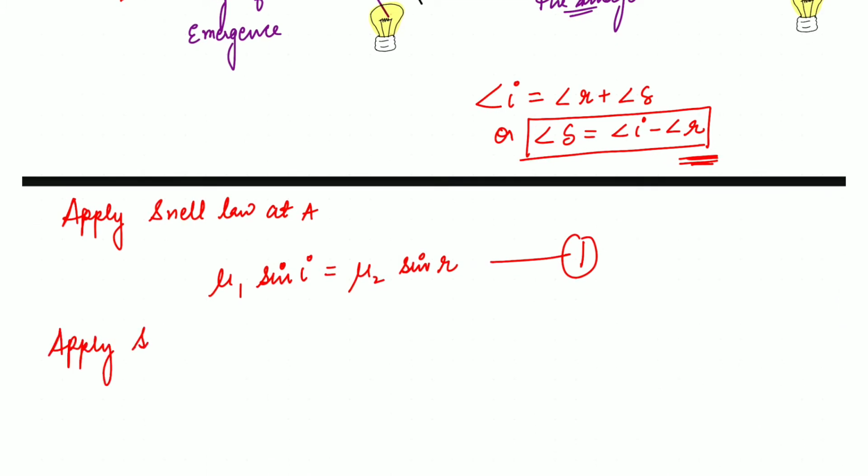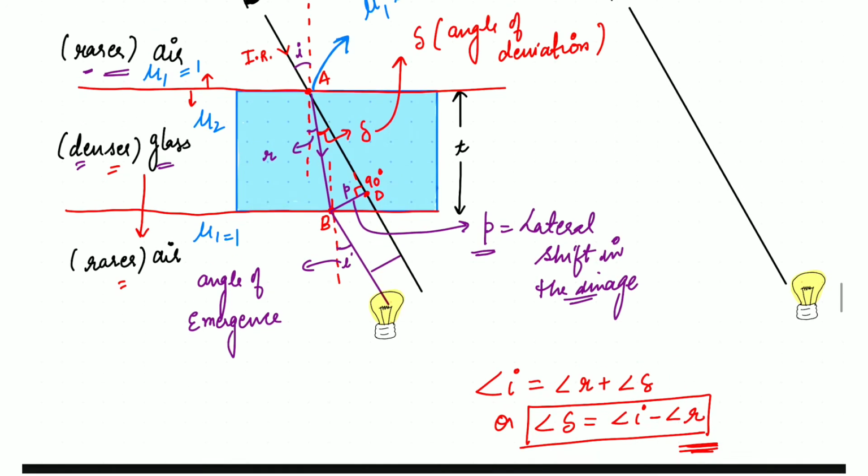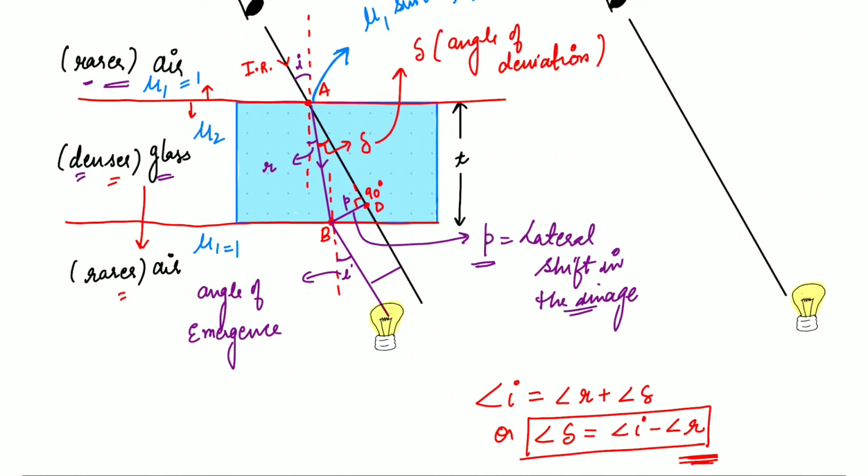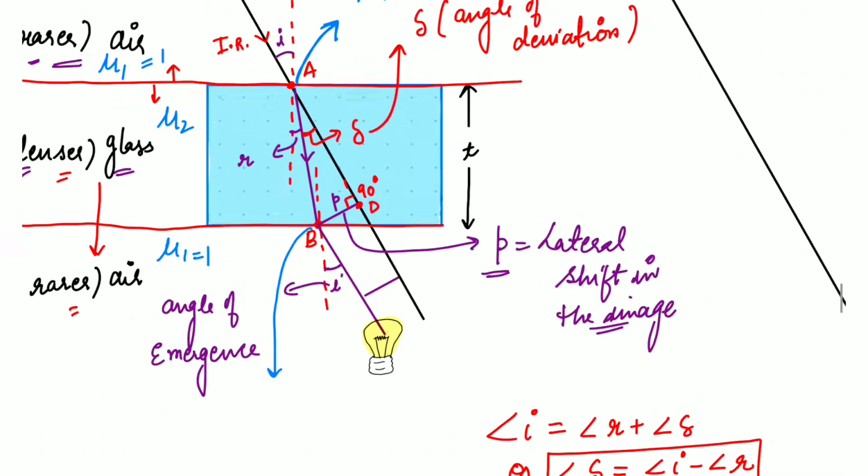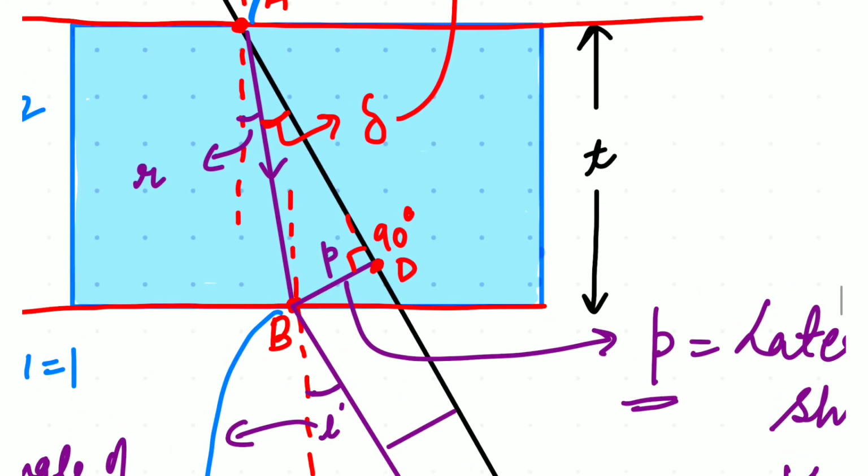When you apply Snell's law at point B, what is going to happen? One more important thing before I do that: you tell me what is this value. This will also be angle of refraction.